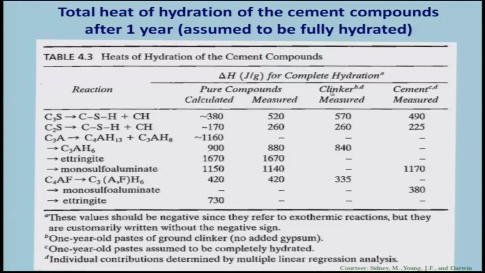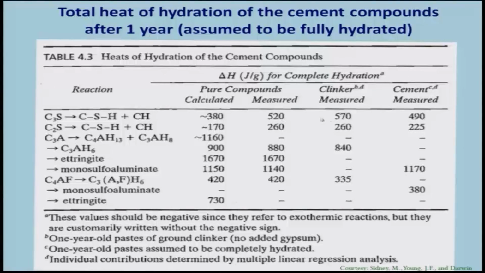Now you may also compare what values you get for the pure cement compounds with those for the clinker compounds, and remember that pure compounds do not have impurities while clinker has impurities. You see that the measured values of the pure compounds are approximately similar to the measured values for clinker compounds.